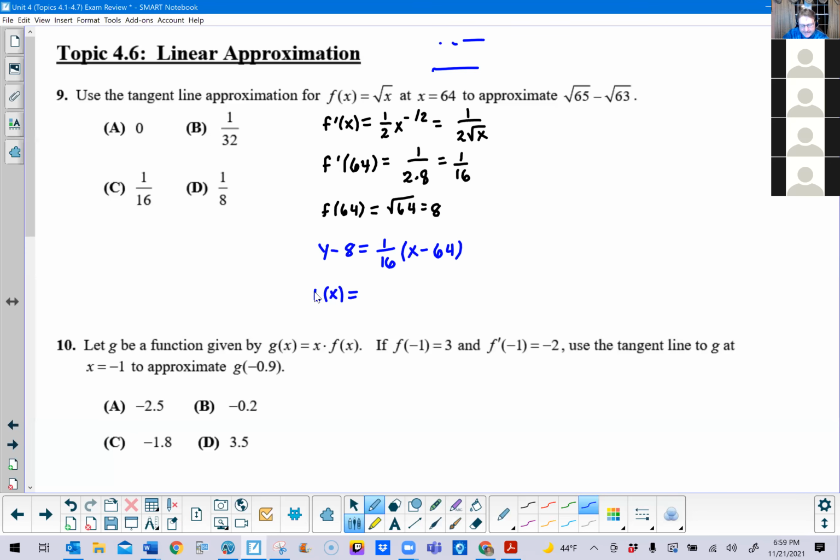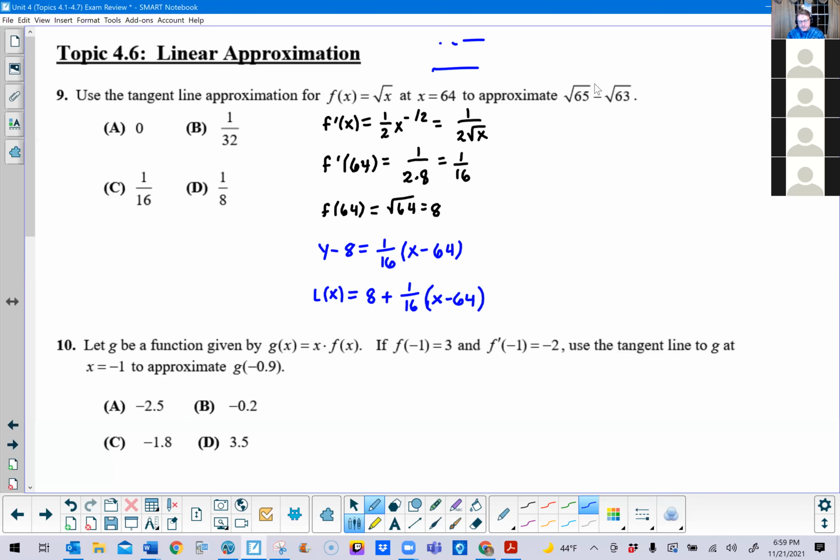L stands for linear approximation. It's using this line to approximate the curve. I'll add the 8 over, keep everything the same. If you find yourself in the habit of distributing your slope, you're probably wasting your time, because it's a lot easier to work with it with that slope factored out.